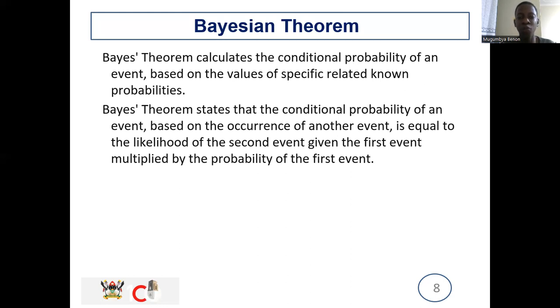So Bayes theory helps us use a method of generating the probability using other known facts about the probability to generate the conditional probability that is in question.